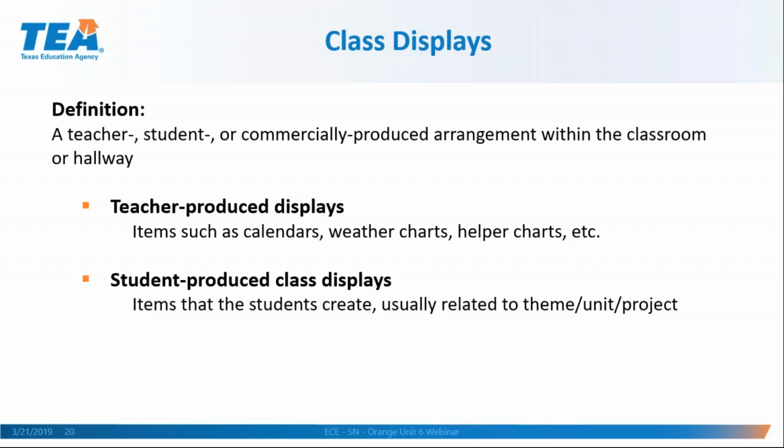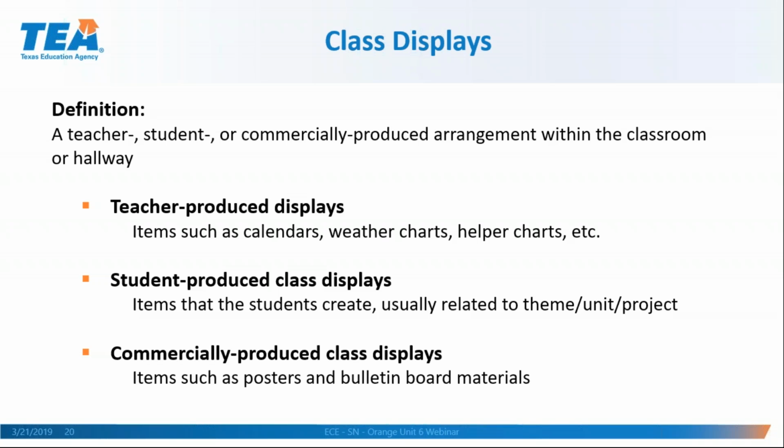And then there are student-produced class displays, which show the items that the students have actually created, and they're usually tied to whatever theme or unit or project. And lastly would be commercially produced displays.